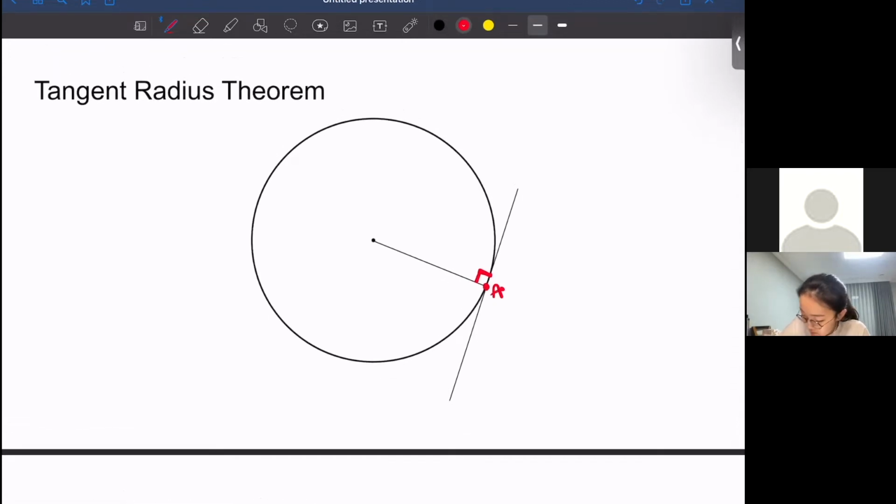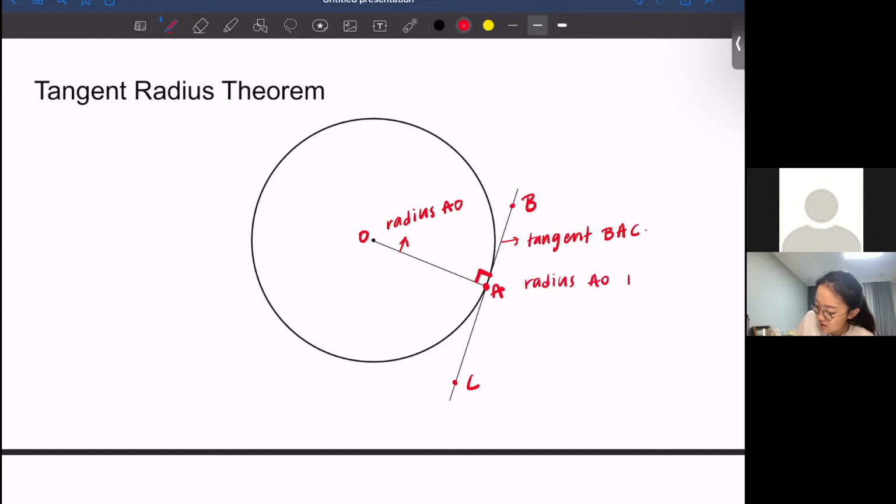So this is radius AO, and this is the tangent.